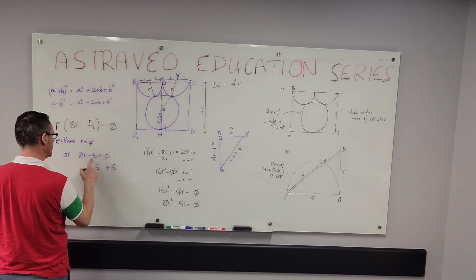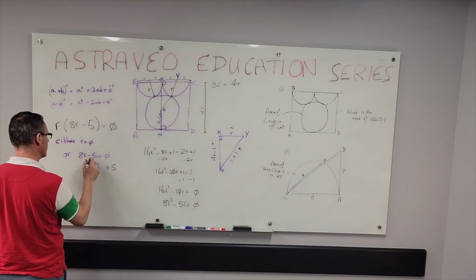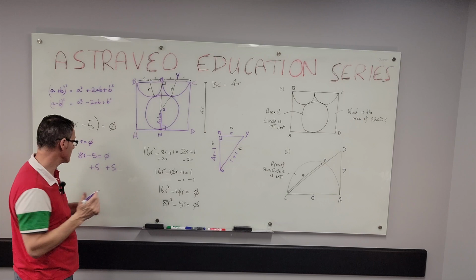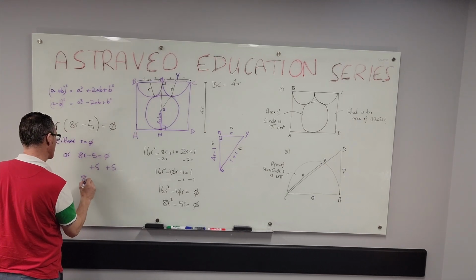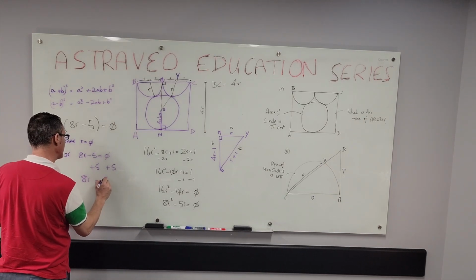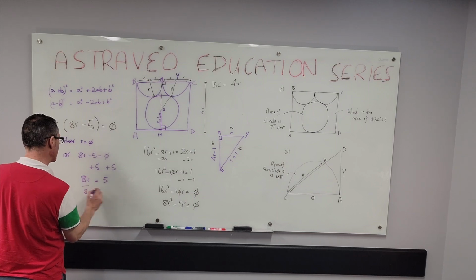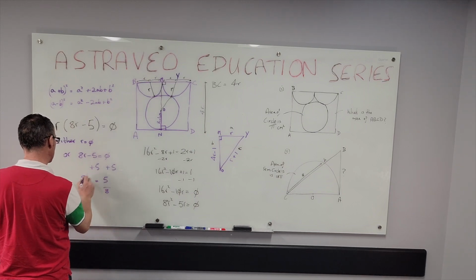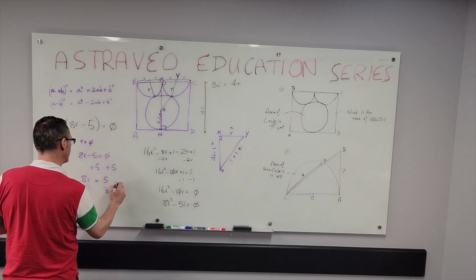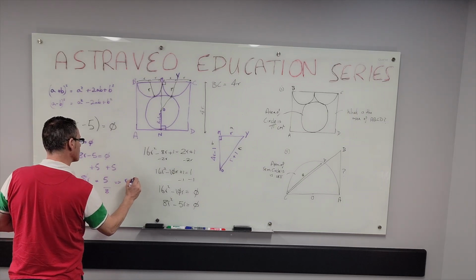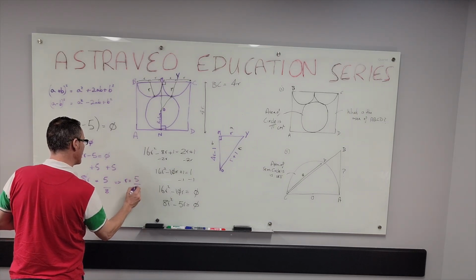Don't forget the equal sign. Whatever you do to one side, we have to do to the other. Minus 5 plus 5 is 0. We have 8r equals 5. Divide by 8 on both sides to get rid of the 8. They cancel. We are left with r equals 5 over 8.